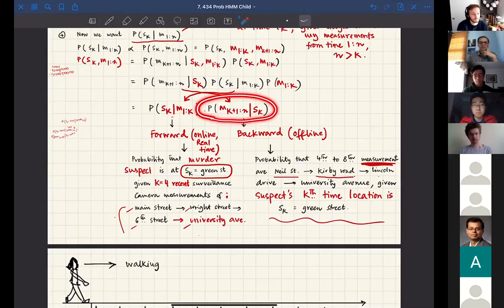Likelihood, posterior. Can someone tell me why this is a likelihood? Because SK includes all the possible states. SK is the hypothesis. Very good. Jiahang, does that make sense that this is actually likelihood? Yeah, it makes sense. Good. Okay.